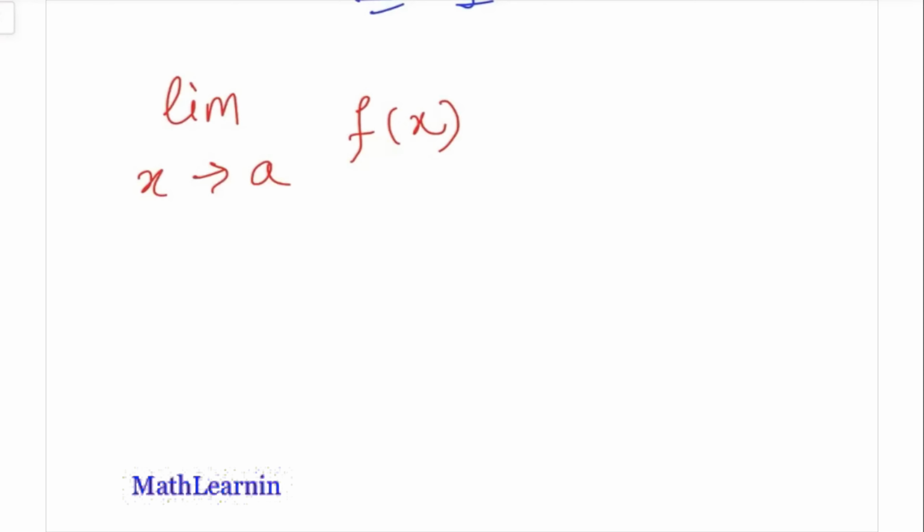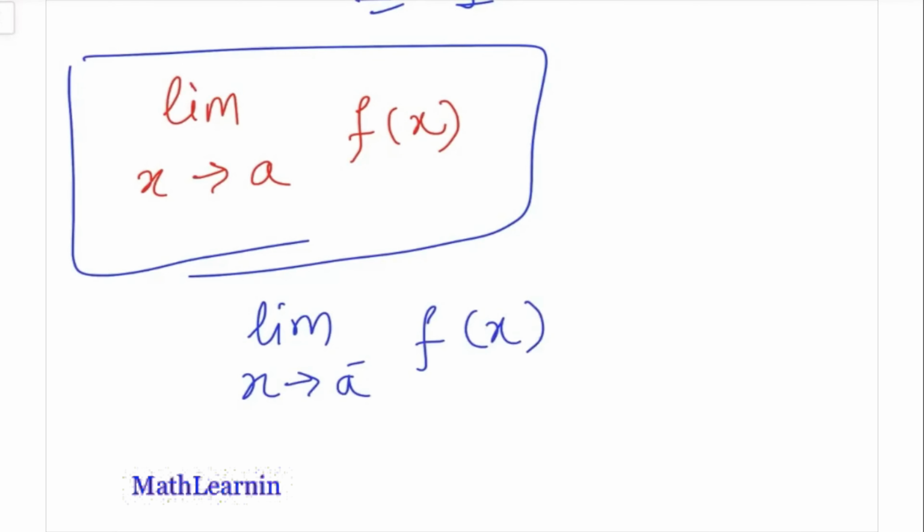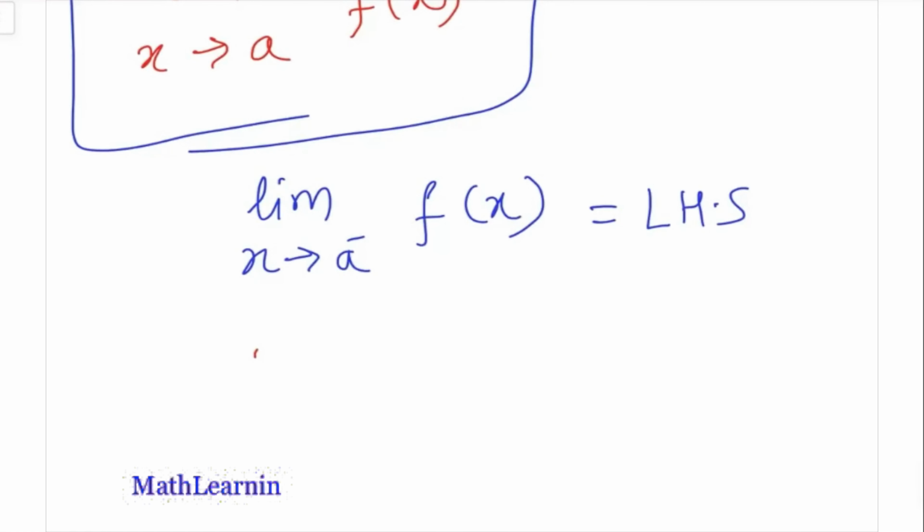How will I write LHL? Limit x tending to a minus of f of x. This is the left hand side limit, right? And then limit x tends to a plus of f of x is the right hand side limit.